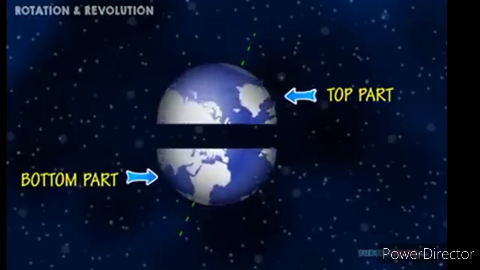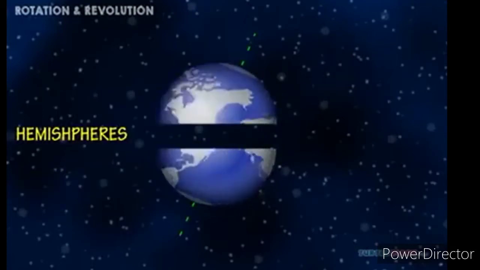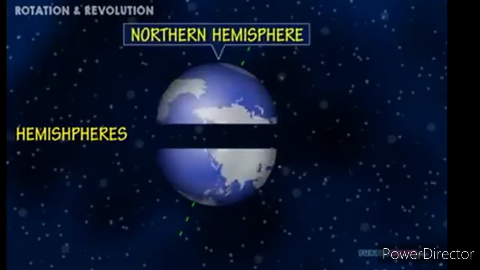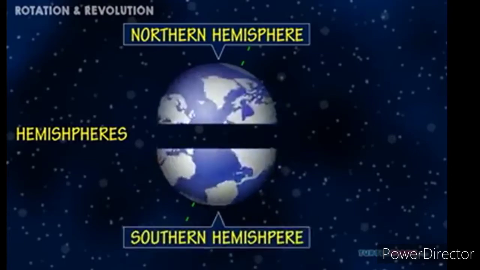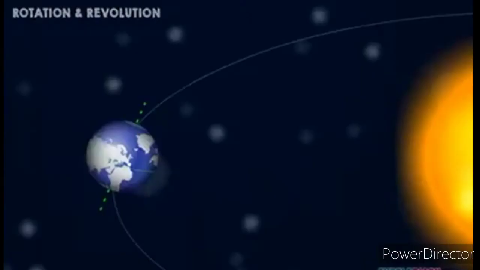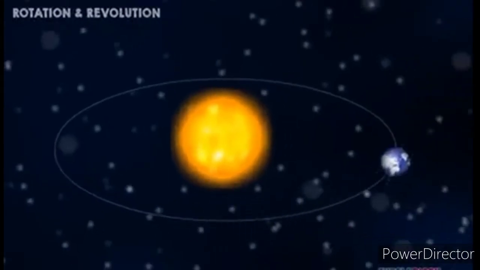The earth is divided into two parts. These are called hemispheres. The top part is called the northern hemisphere and the lower part is called the southern hemisphere. Sometimes the northern hemisphere is tilted towards the sun and sometimes it is tilted away from the sun.